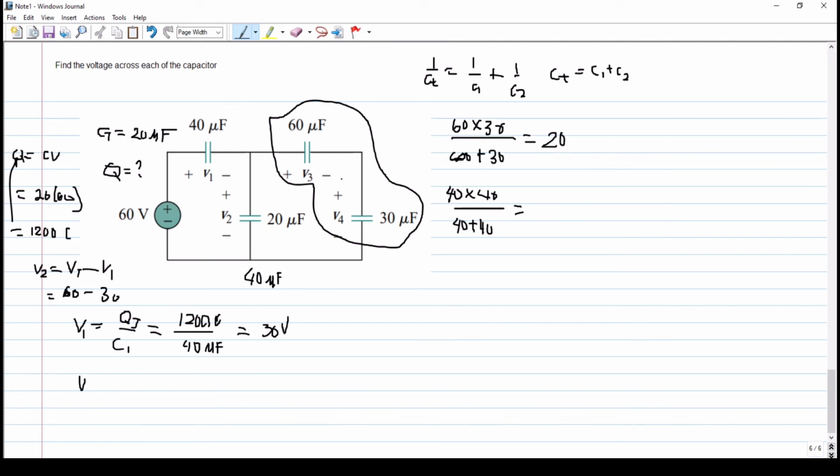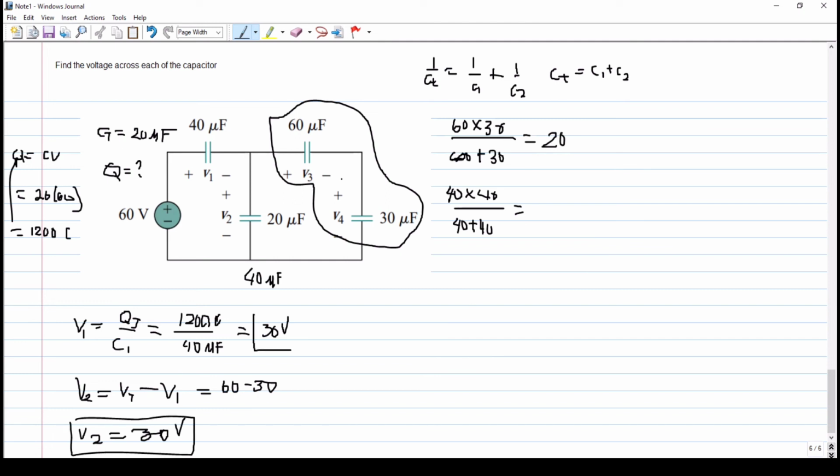So we write here V2 also is 30 volt. Again, to find also the V3 and V4, we use the voltage division.